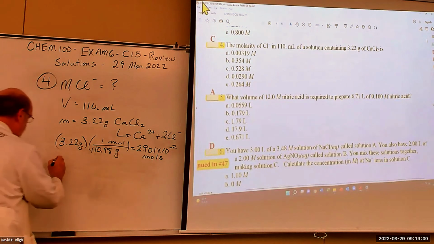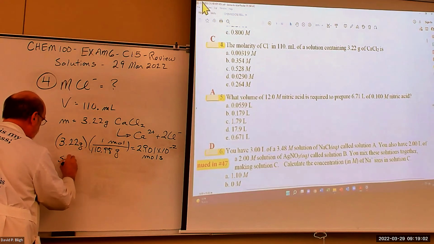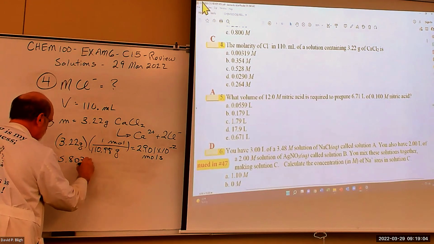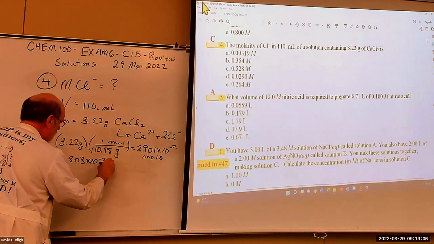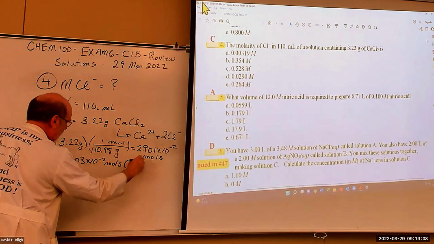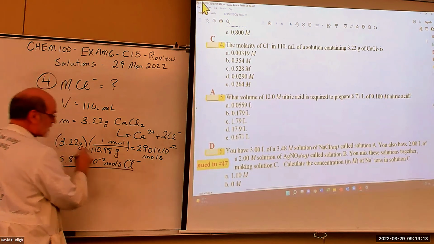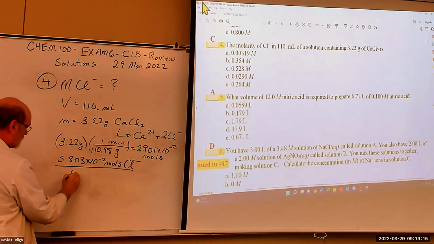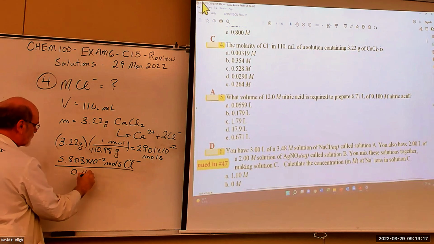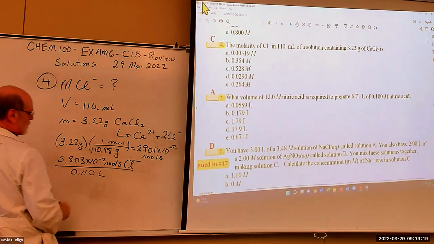5.803 times 10 to the minus 2 moles of chloride ions in that same volume, 0.110 liters.